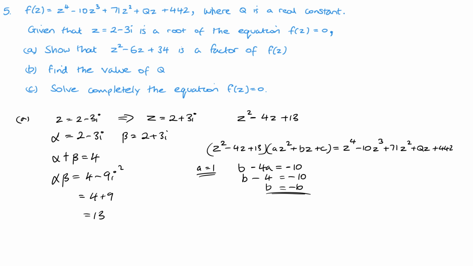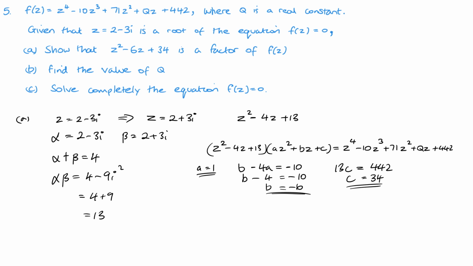Now we expect c to be 34. So looking at c, easiest way is with the constant. So 13 times c, 13c is equal to 442. And a quick check on the calculator gives me 34.